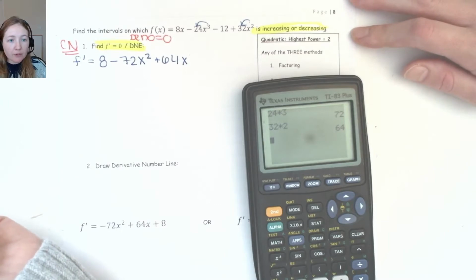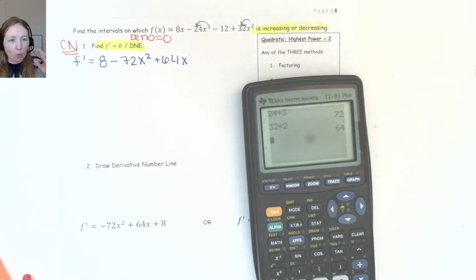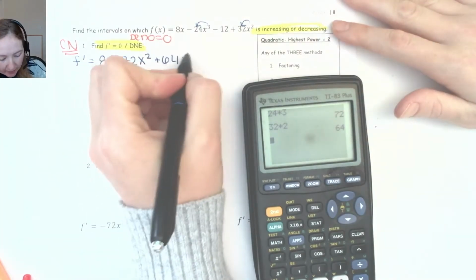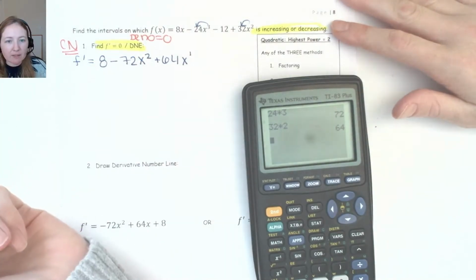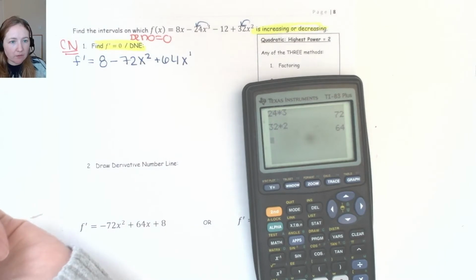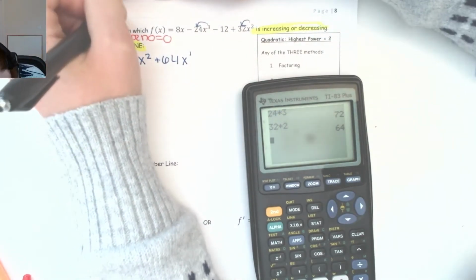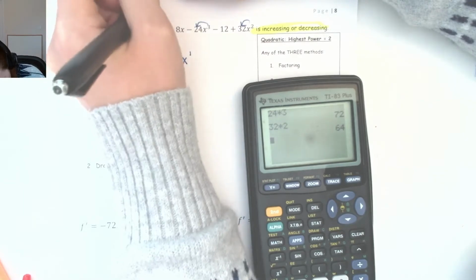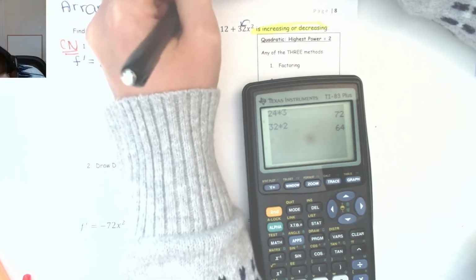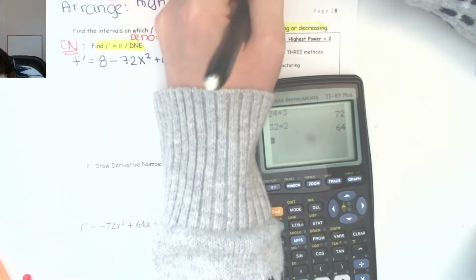Now, on the homework, you'll see a lot of these questions, the order of the polynomial is all sorts of off. We have an x squared, x to the first, and a constant. So before I set the derivative equal to 0, I always want to arrange my polynomial from high power down to the constant.